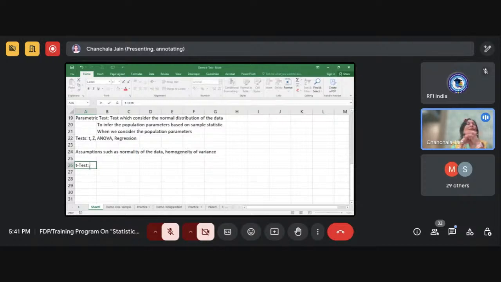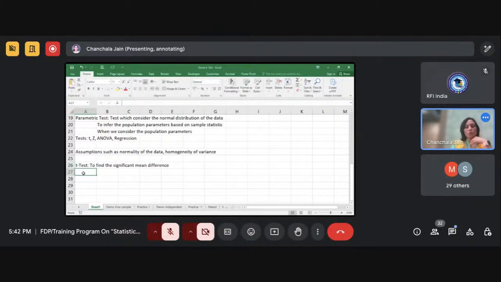Presently, when I talk about the t-test, generally we are using it to find the significant mean difference, right? So whenever you are interested to find the significant mean difference in the categories, generally you are talking about the t-test, right?